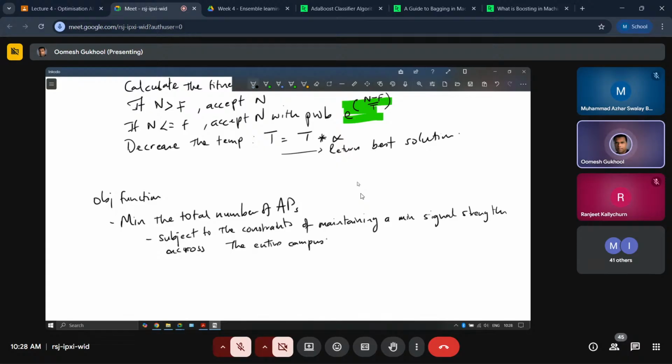You can consider other objectives if you want. You can make it multi-objective. You can say maximize, for example, coverage, uniformity, or minimize signal variation.